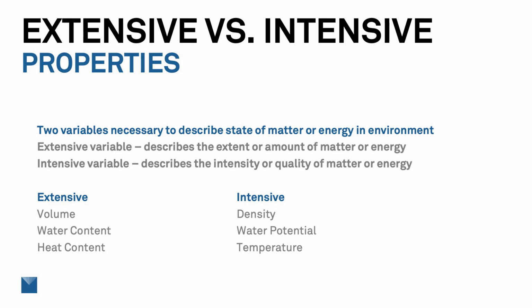Water potential is that intensive variable, which describes the intensity or the quality, or in most cases, the availability of water in the environment. And I like these last two examples because I think they really help bring home this concept of heat content, which describes how much heat is stored within the environment, and temperature, which really describes how your body perceives hot or cold.